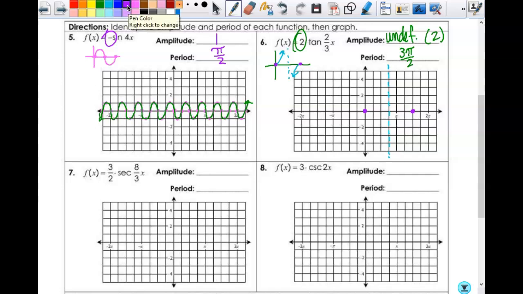Then halfway between this 0 and the asymptote, for my parent function, I'd be at 1. But this has an A of 2, so I go to 2. There's no reflection. Then halfway between these two, I'm at negative 2. Okay, so there's my 1 period. Then I just repeat here, here, asymptote.